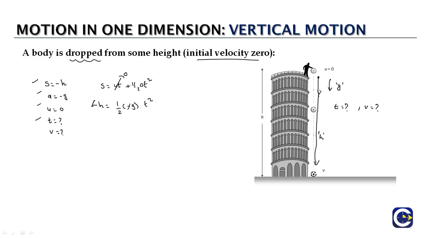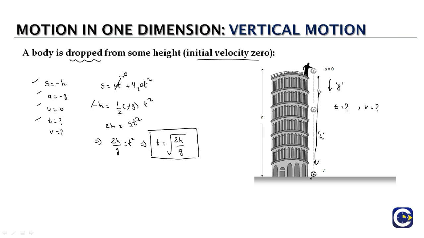So minus minus on both sides is cancelled. When we take the 2 to the left side, it will become 2h, it will go to the numerator. 2h is equal to gt square. From here we'll have 2h by g is equal to t square. This would imply the value of t, time taken to reach the surface of the earth, will be root of 2h by g.